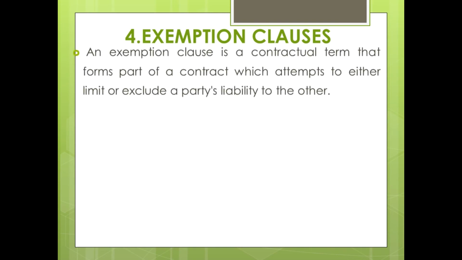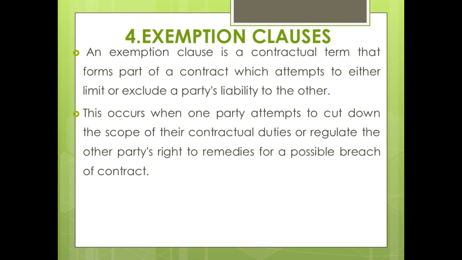Now we have also exemption clauses. An exemption clause is a contractual term that forms part of a contract which attempts to either limit or exclude a party's liability to the other.